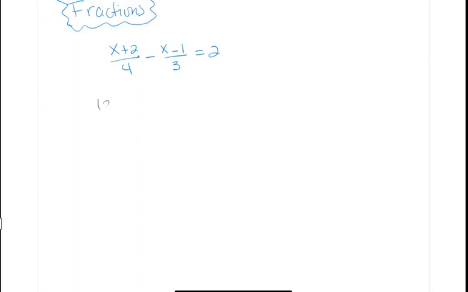So I'm going to multiply this whole entire side by 12. So 12 times (x plus 2) over 4 minus 12 times (x minus 1) over 3 equals 12 times 2.